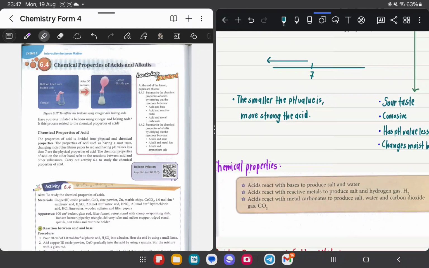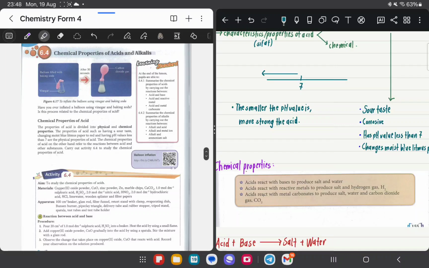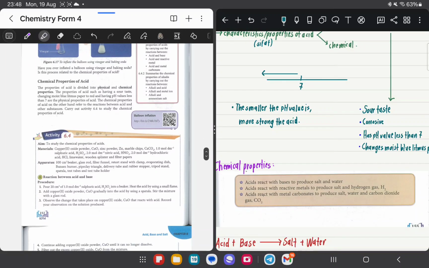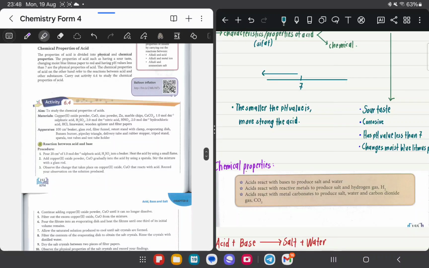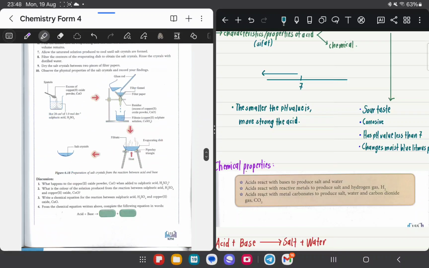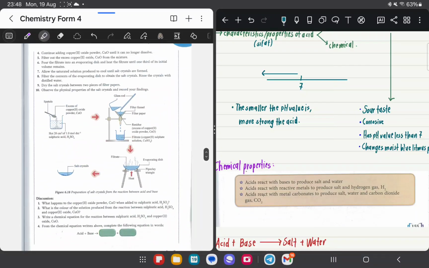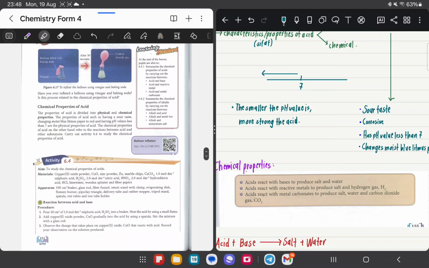And in your SPM syllabus, you will be exposed to the chemical properties, which have three main chemical properties. To see whether each of these chemical properties works and how it looks, you should do activity 6.4. But this is such a long activity, so I'm going to discuss it part by part in the next video.